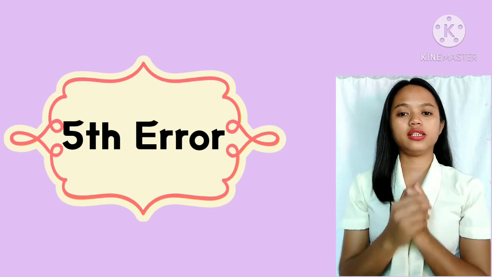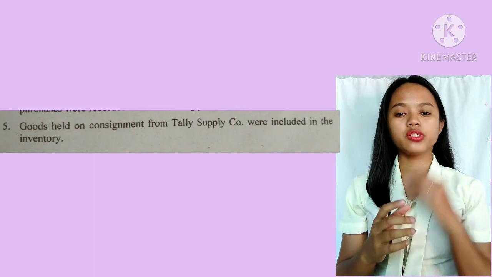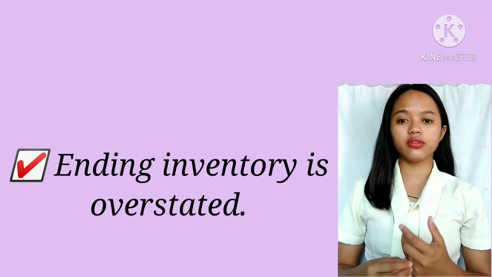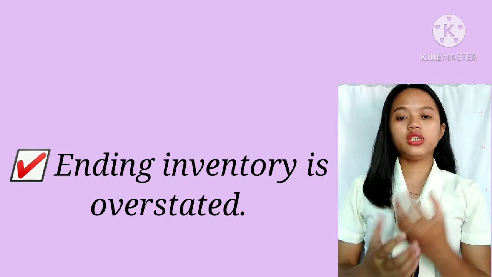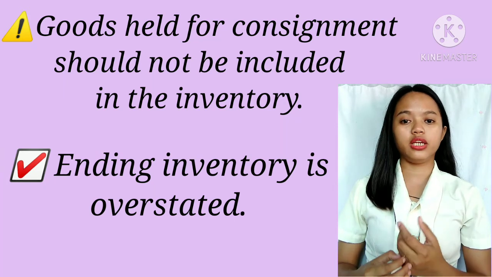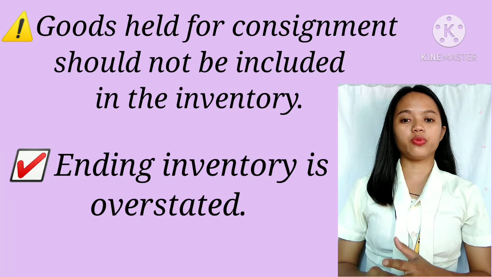The last error is that goods held in consignment from Tally Supply Corporation were included in the inventory. This error would have an effect in the current year, such as an overstatement in the ending inventory, because goods that are held for consignment should not be included in the inventory for the reason that the goods are owned by Tally Supply Corporation.